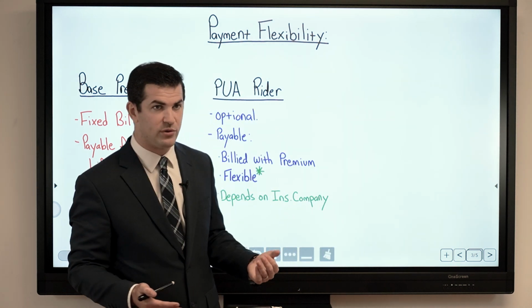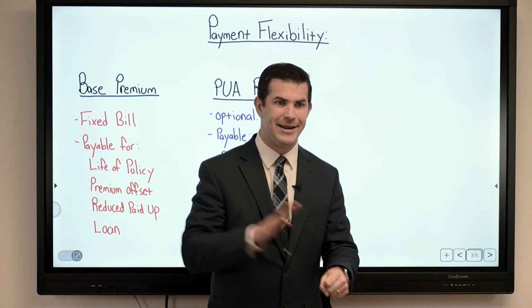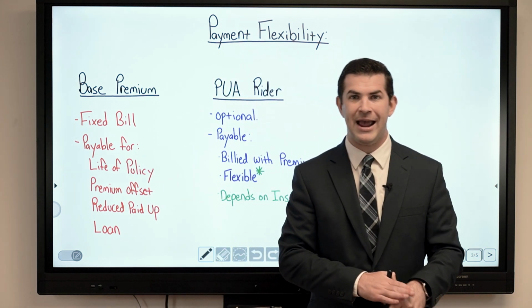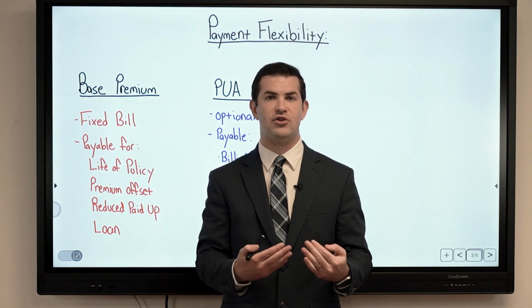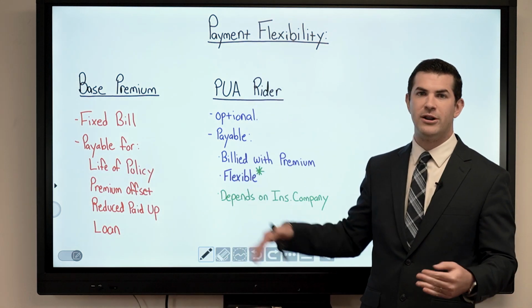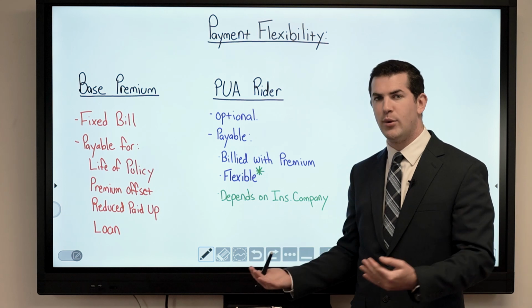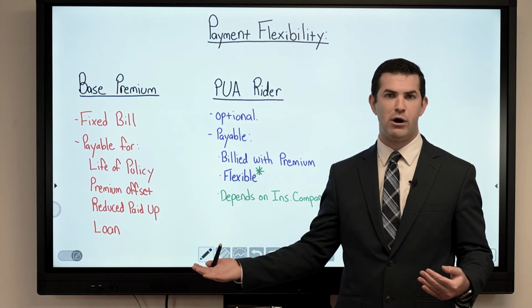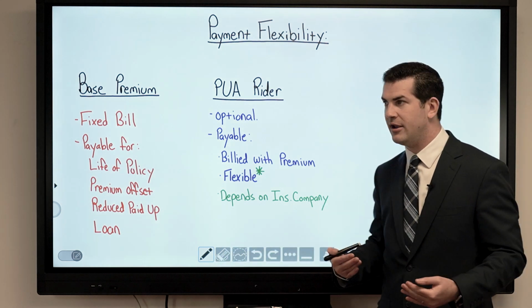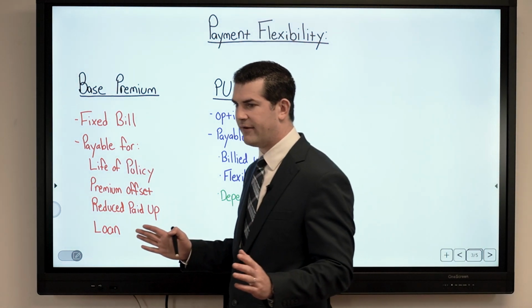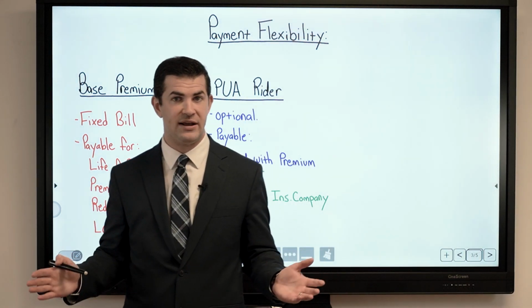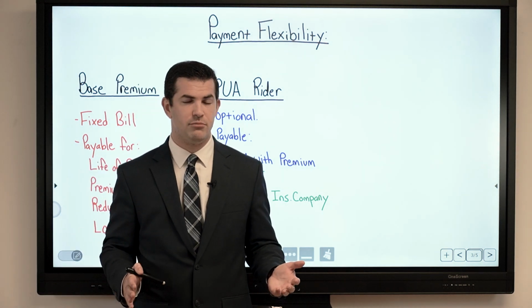Some companies will literally allow me to commit to $10,000 and add the additional $90,000 100% at discretion. That would be paid on an unscheduled PUA basis. I can just throw it in whenever I want. Whether I hit it or not is up to me, because I'm the policyholder, control, all that good stuff. That's very flexible.